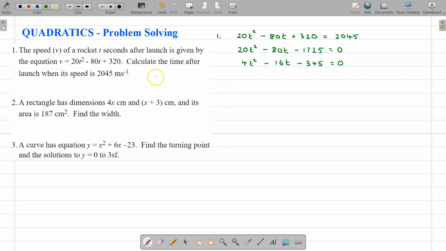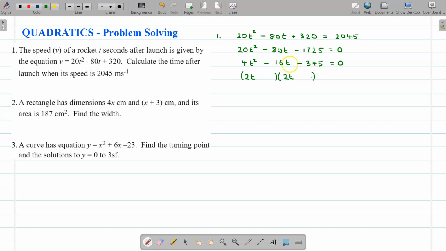So all we've done is divided both sides by 5, and of course when you divide 0 by 5 you still get 0. Now that does actually factorize, okay? It may not be obvious and you may have to work on it a little bit, but if you couldn't factorize it, it's a calculator question, so you could easily use the quadratic formula.